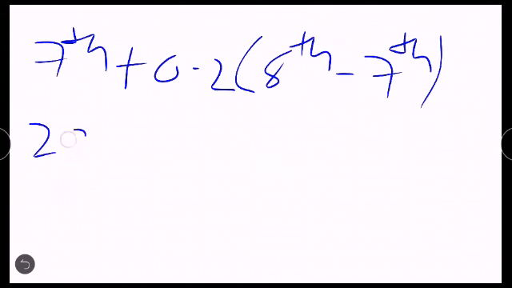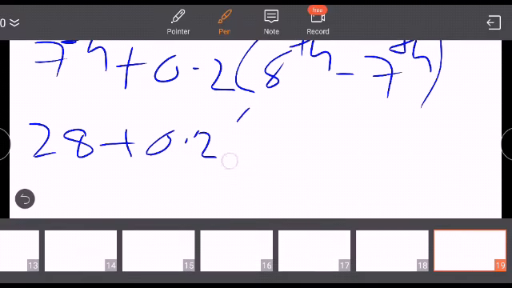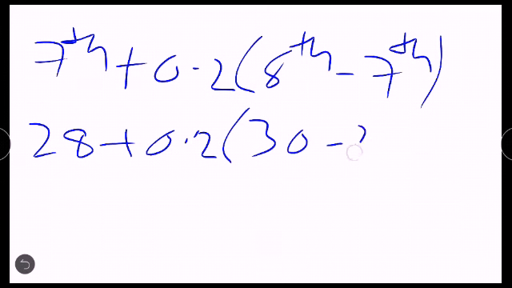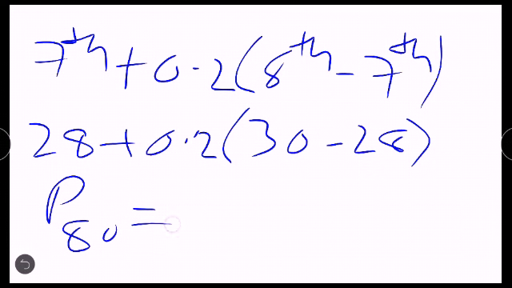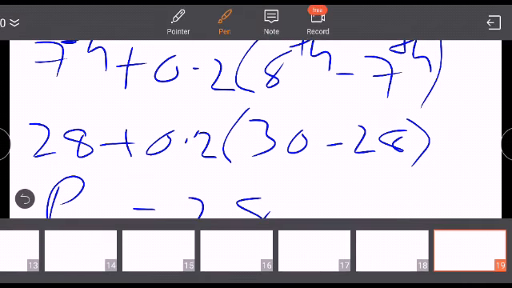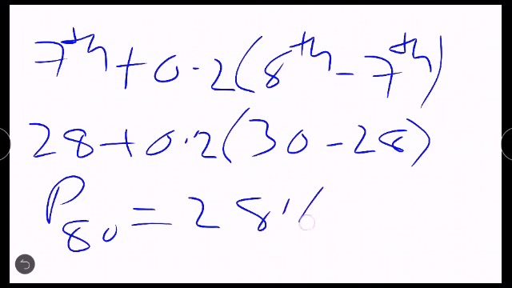So 28 plus 0.2 into bracket 30 minus 28. So 30 minus 28 is 2. 2 into 0.2 is 0.4. So the P80 value is 28.4.